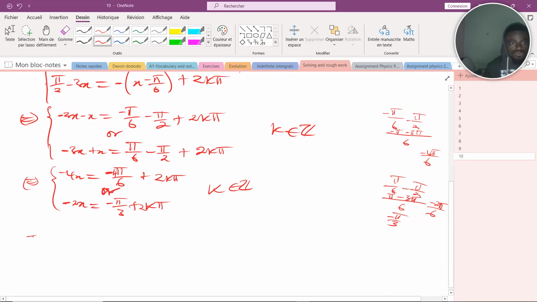Now, this implies, or it's implied by, I will divide all through here by minus 4. So I'll have x being equals to, when I divide by minus 4, I'll have here pi on 6 plus, you have minus here, you have minus 2, you have 2k pi on the minus on 4.